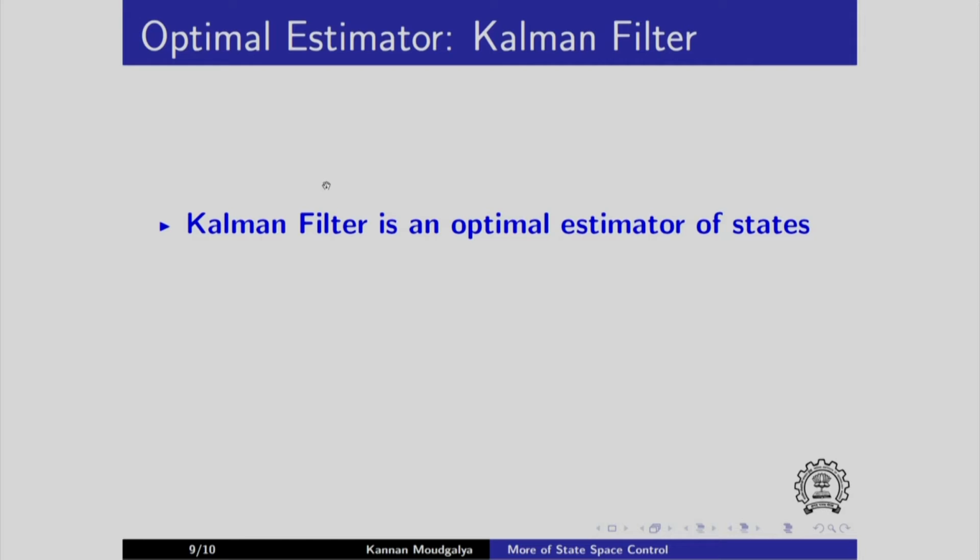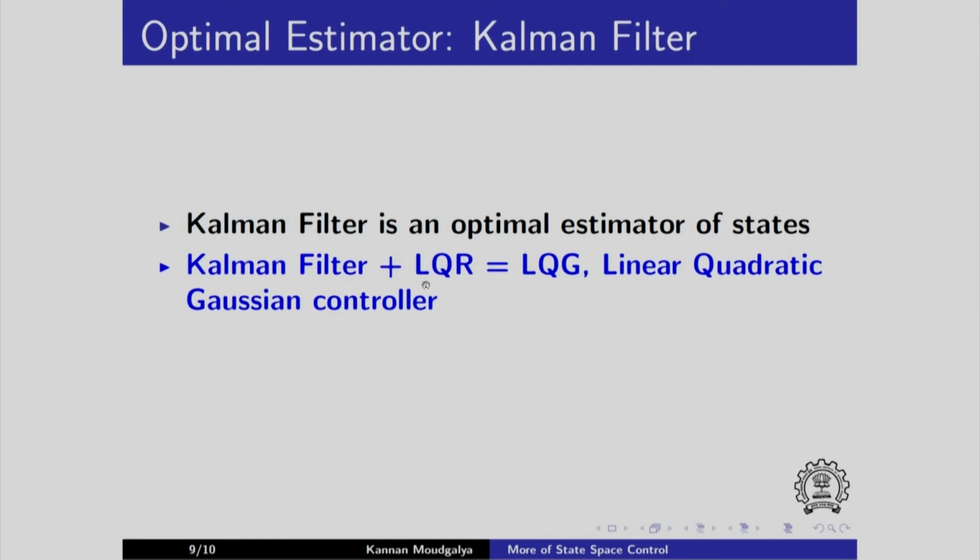We assumed in the previous slide that the state was measured, but as mentioned earlier the states are not measured. What we will do is we will use Kalman filter as an optimal estimator of states. In fact, Kalman filter plus LQR is LQG. LQR is linear quadratic regulator that we saw in the previous slide.